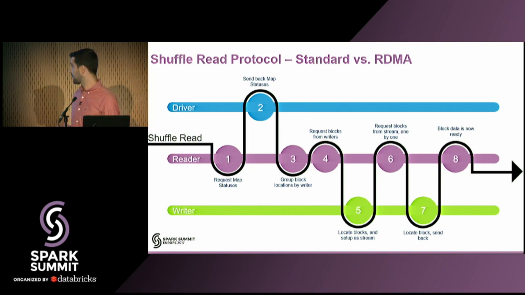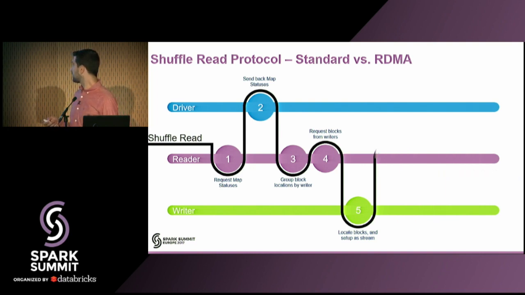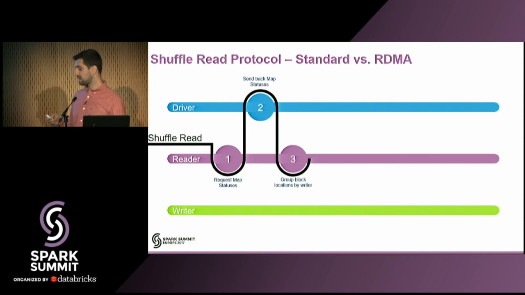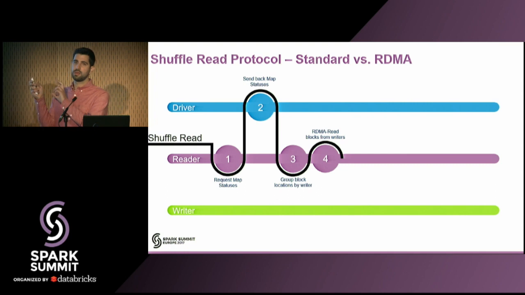In the RDMA implementation, everything stays exactly the same until this part where we have the block locations coming in from the driver. The next step is that we have a list of block locations where we piggyback the map statuses with the addresses for the block locations. So basically, we have remote memory addresses for the block locations we're trying to fetch. So we can just RDMA read them without going through all this messaging that we saw in the standard implementation.